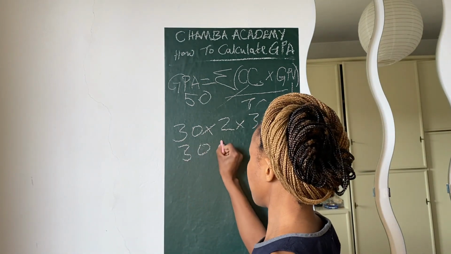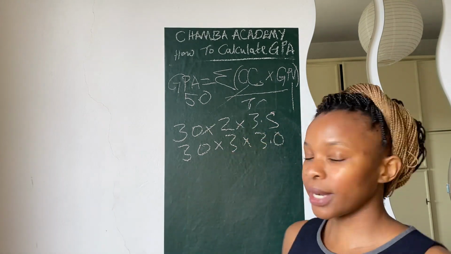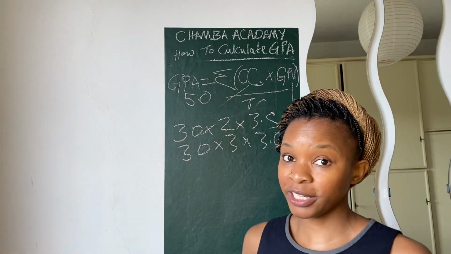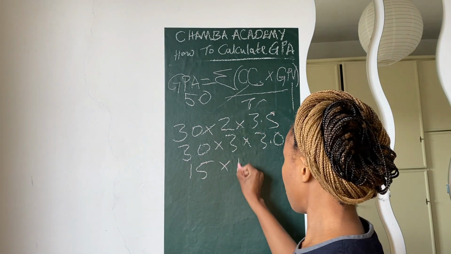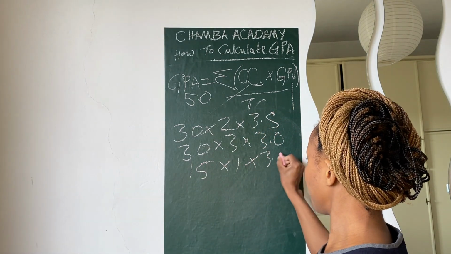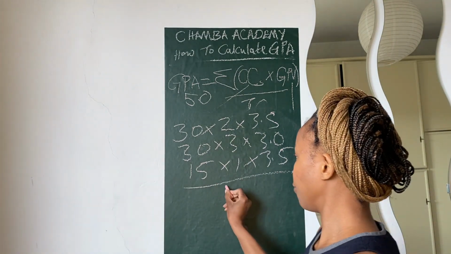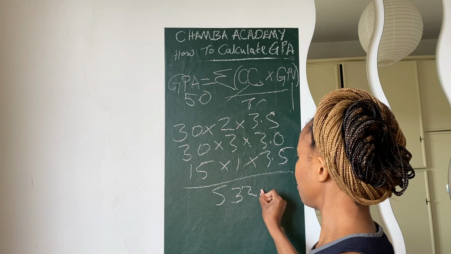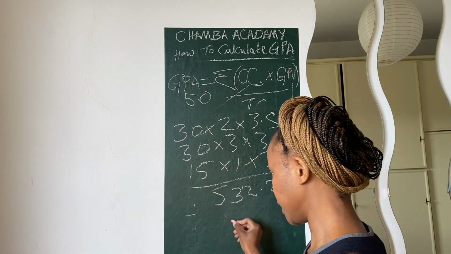So 30 by 3 by 3.0. And in 1 half course, I had accumulated a B plus. So this will be 15 by 1 by 3.5. And all this will bring us to a total of 532.2, which will divide by 120.